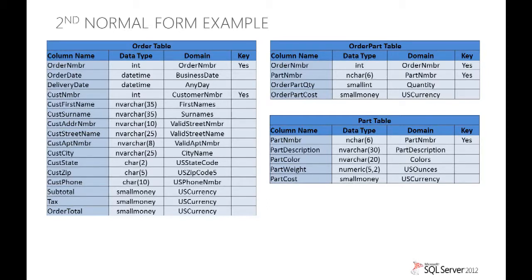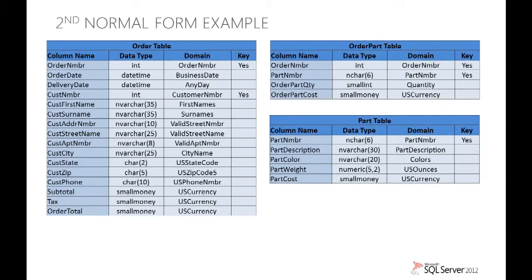The order table and the part table are entity tables, and order part is a relationship table, and what you typically see there is it will have a composite primary key made up of the primary keys for the two entity tables. So in this case, I've got a composite primary key of order number and part number, and each of those is a foreign key pointing back to the entity table this relationship table works with. So order number is a foreign key back to order number in the order table, and the part number in the order part table is a foreign key down to part number in the part table.